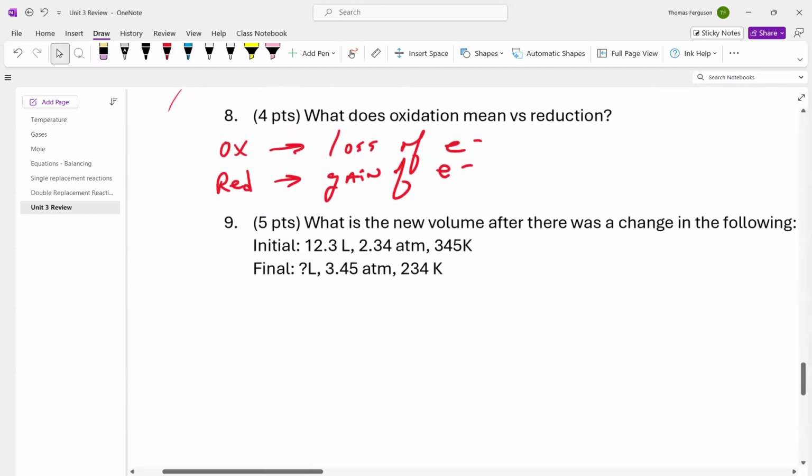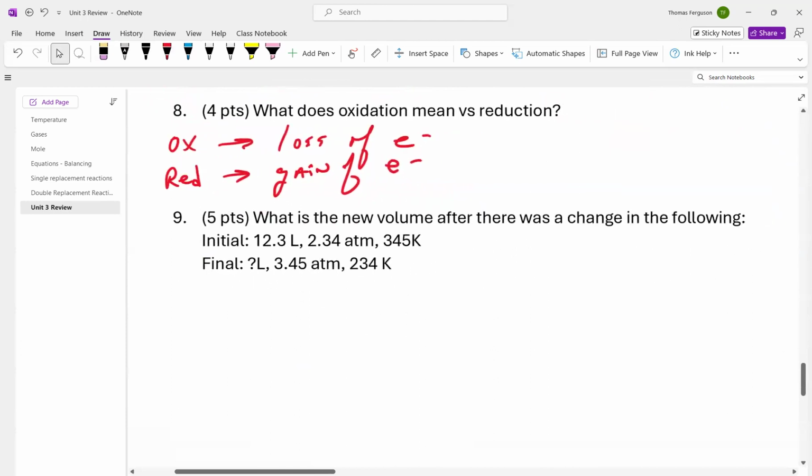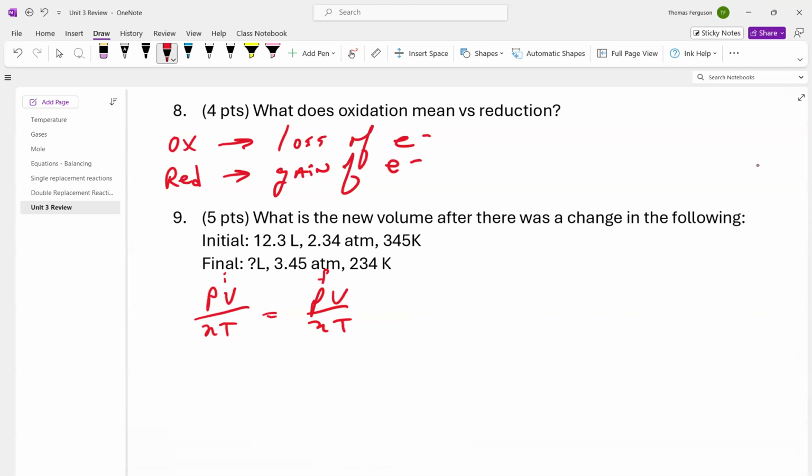All right, so this is a gas problem. Right away, we have initial and final conditions. That means we're going to be using the initial, final conditions. Okay, so we have initial conditions on the left. The volume is 12.3 liters.